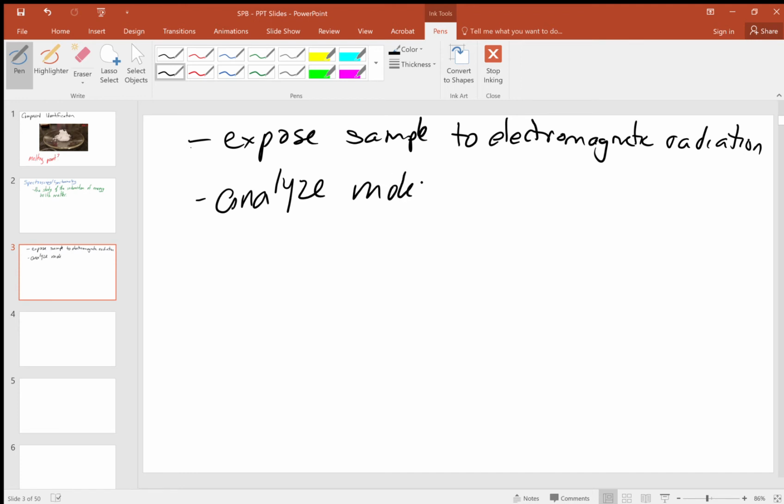Then we analyze the molecule's response. The computer gives us a spectrum, and then we have to interpret those results.